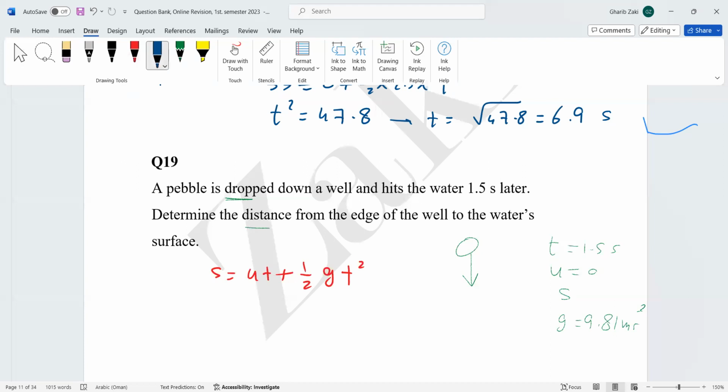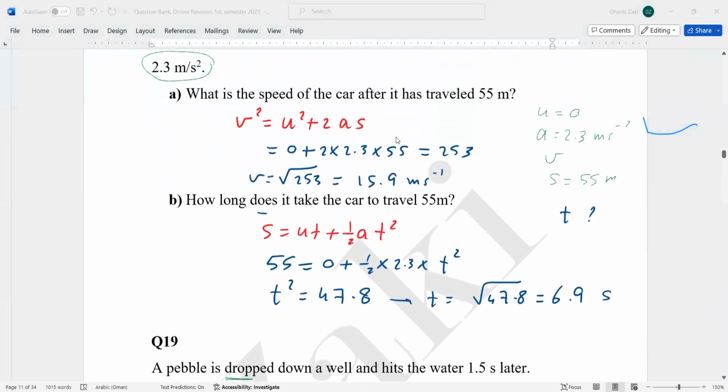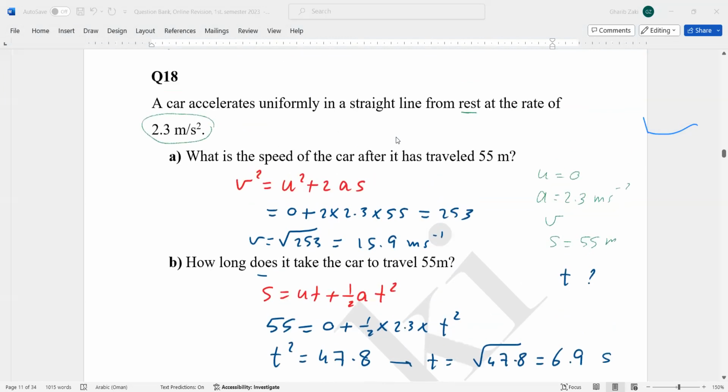So S equals u, which is 0, plus half multiply 9.81 multiply t squared, which is 1.5 squared. From this, the answer is 11.04 meters. Yes, question? Do you need to see this question?